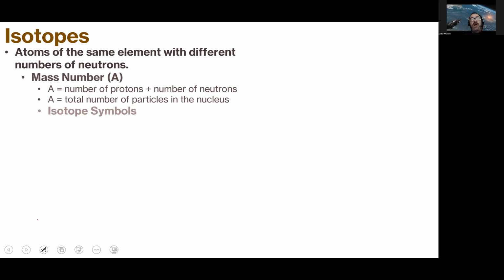We represent the count as a mass number, which we call A. The mass number is the total number of protons plus the total number of neutrons, so it refers to the total number of particles in the nucleus of the particular isotope we're looking at.